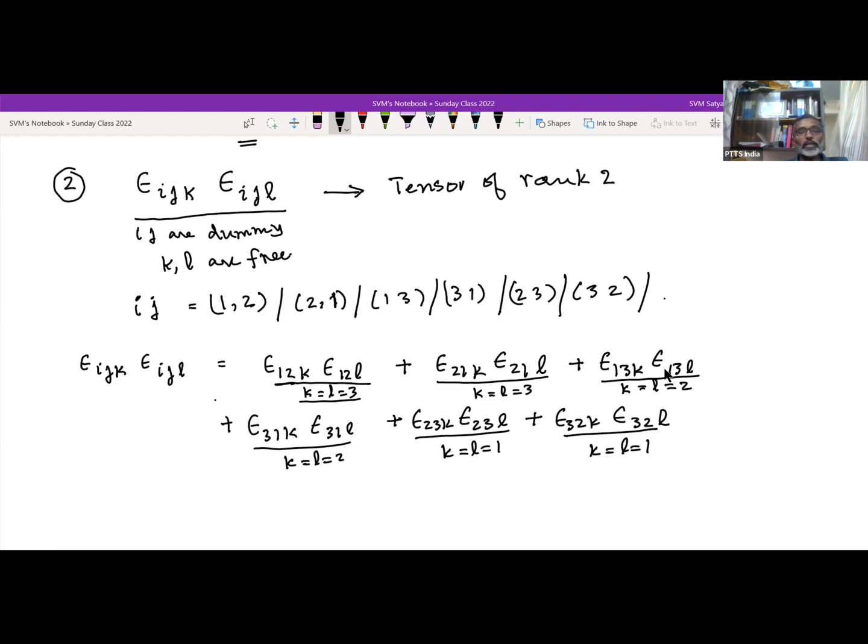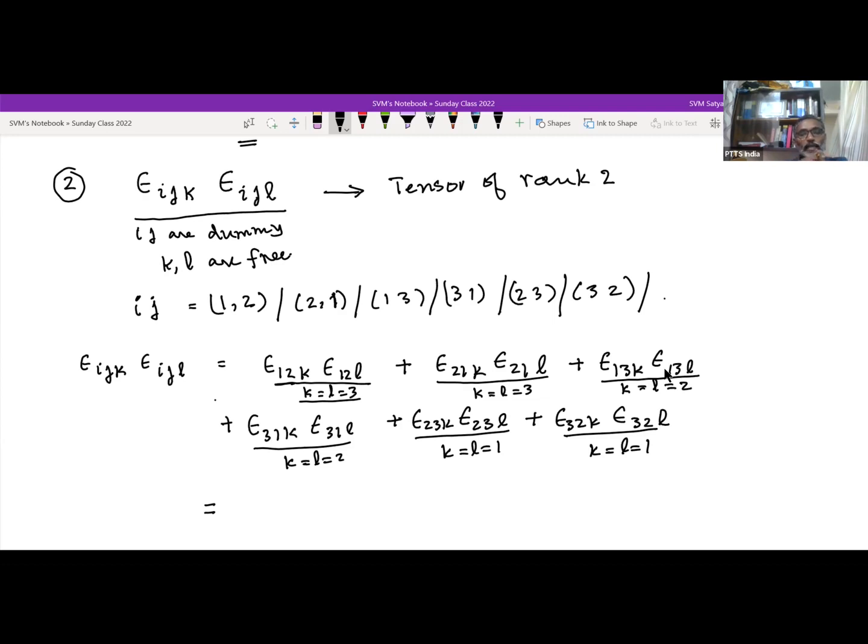But then you can see, suppose you take 2 and 3. Epsilon 23 is -1, and this is also -1. So it will be +1 and +1 only. Correct? So whenever k equal to l equal to 3, I will have 1.